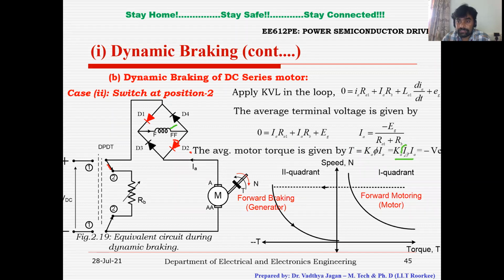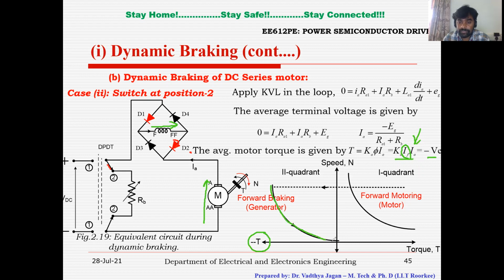Since the field current is positive because the current in the field winding is from F to FF, and the armature current is negative because the current in the armature winding is from AA to A, that is why we'll get negative torque, which means the machine is moving from the first quadrant to the second quadrant, and it will start following the torque speed characteristics like this.